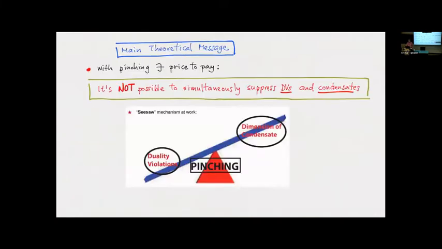So this is one of the main theoretical messages that I would like to get across in this talk, which is that with pinching, there is a very big price to pay, which is that you cannot simultaneously suppress duality violations and the condensates. If you suppress duality violations by using a lot of pinching, that means that your polynomial is of higher degree, and therefore there will be a contribution from a very high dimensional condensate, okay, which in an asymptotic expansion is going to be big. It's not going to be suppressed.